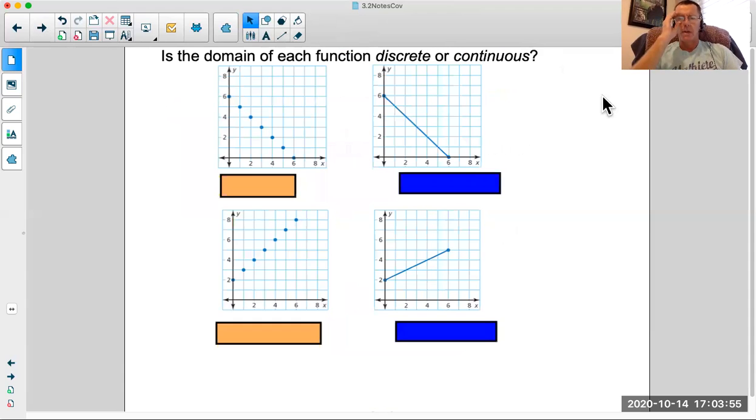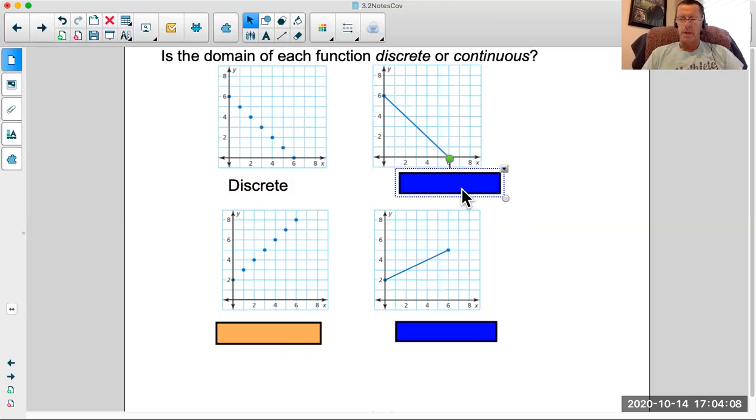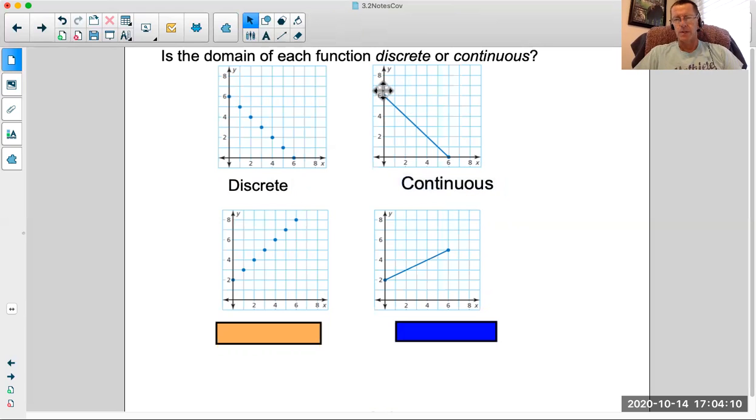Now look at these. Is each domain discrete or continuous? Go ahead and try them on your own and see how you do. Okay, well, hopefully for this one, you got that it was discrete. This one would be continuous, right? Because it's not just those certain points, it's every single real number that is on that number line.